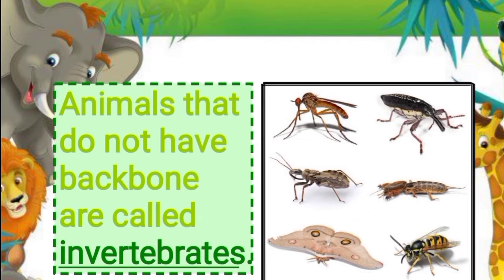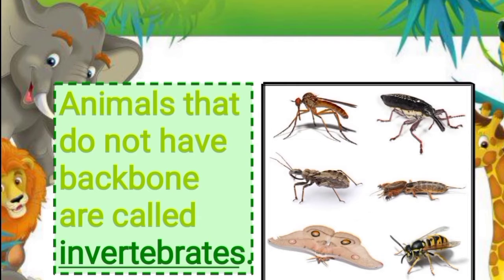Invertebrates come in all different shapes and sizes. Animals that do not have a backbone are called invertebrates. For example, insects such as cockroaches, ants and worms, and mollusks such as slugs and snails.